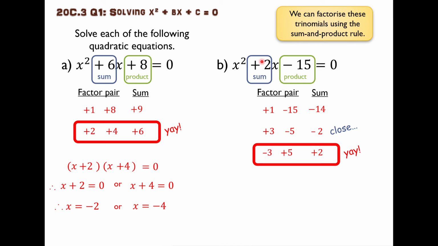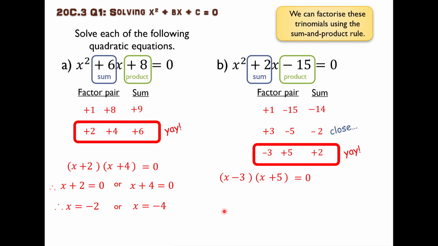That is the one that I was looking for. So now I can write my factorized expression here. x minus 3, x plus 5 equals 0. Because these were my magical two numbers that have a sum of positive 2 and a product of negative 15.